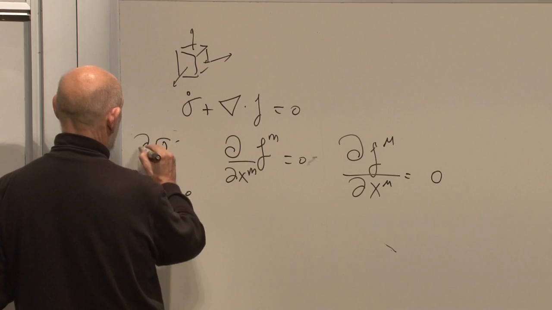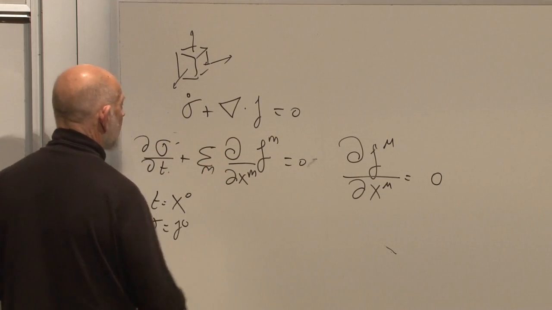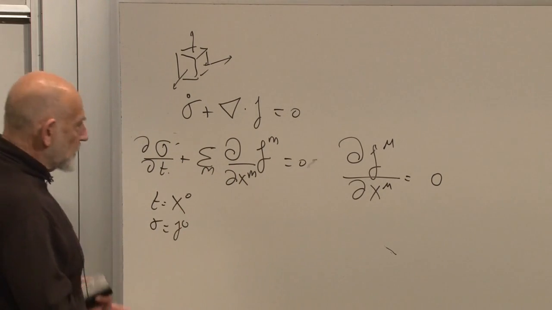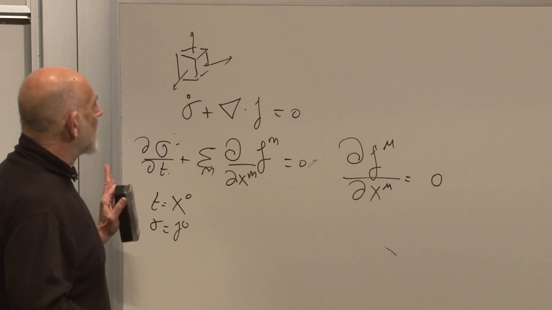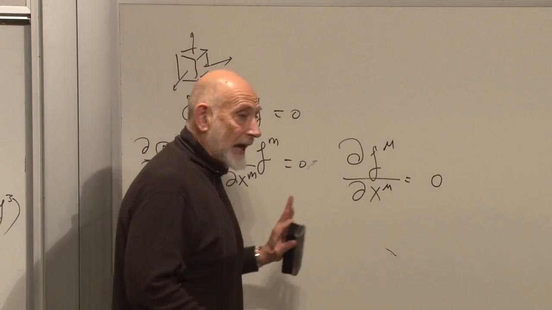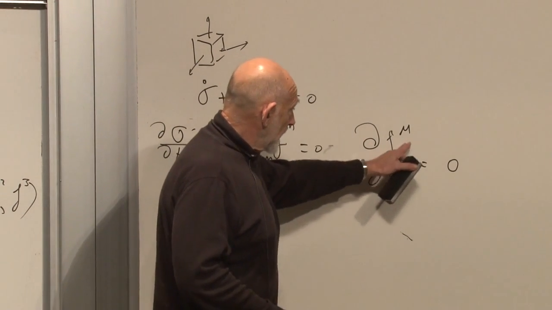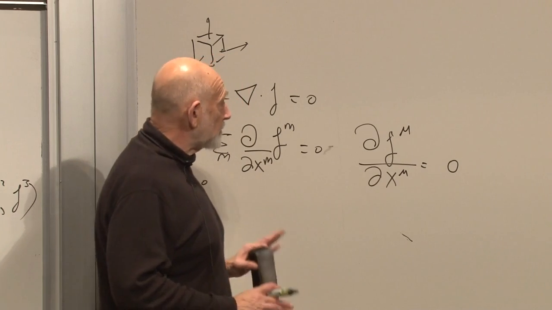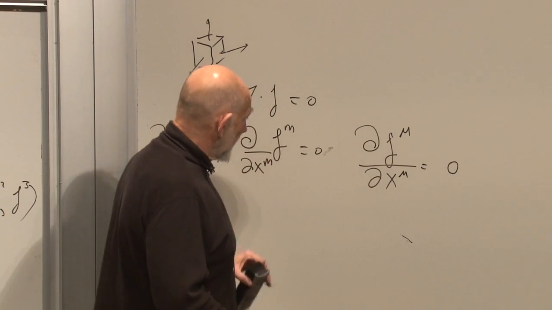Sigma dot, d sigma by dt, plus sum on m, dj1 by dx1, dj2 by dx2, dj3 by dx3. This just becomes the derivative of j mu with respect to x mu, where I have now used the summation convention. Here, summation convention implied, same thing, is equal to 0.